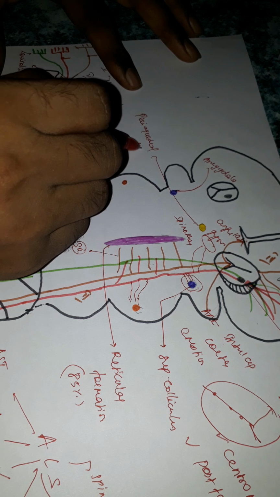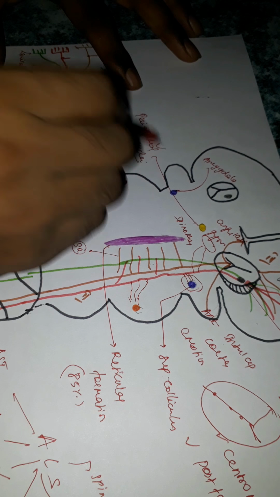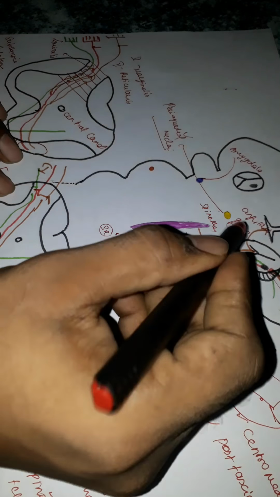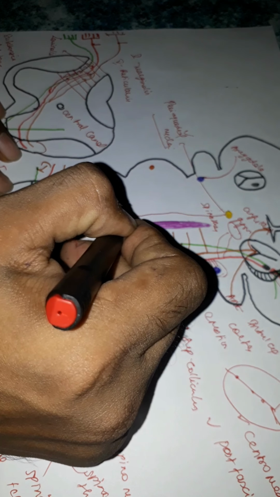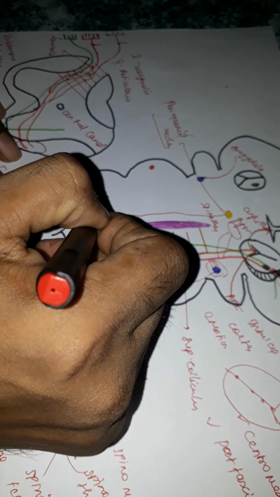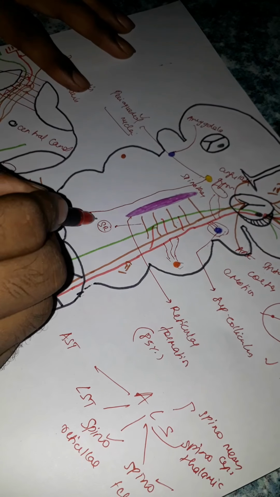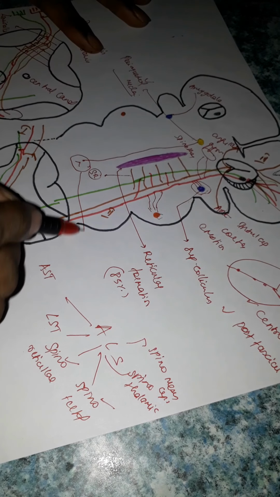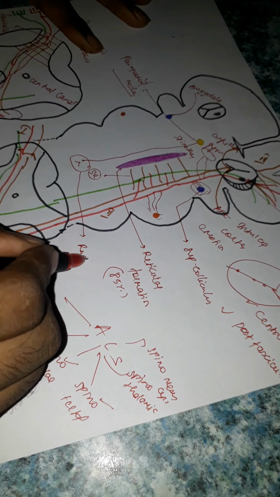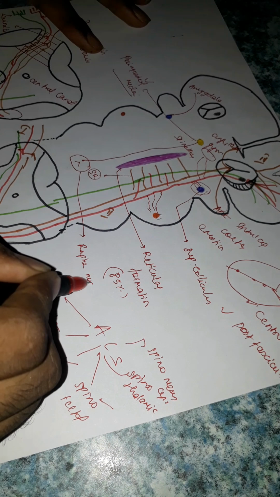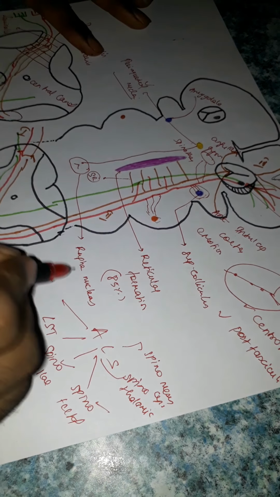Periaqueductal nucleus. Fine, this is your periaqueductal nuclei, and from here the descending tract arises, and the first order neuron arises, and your second order neuron arises in your raphe nucleus magnus.